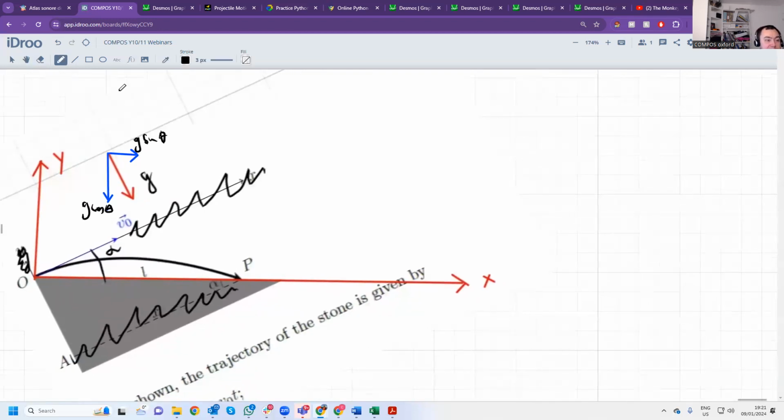But that still works. We can write the equation r is equal to r0 plus v0t plus 1/2 at squared.